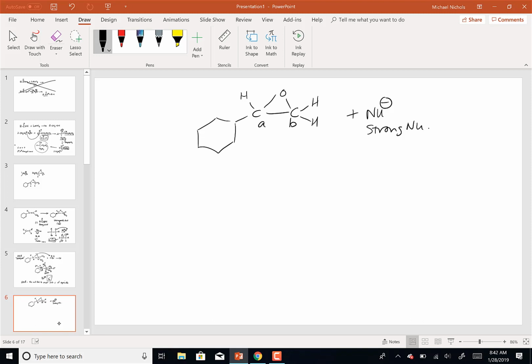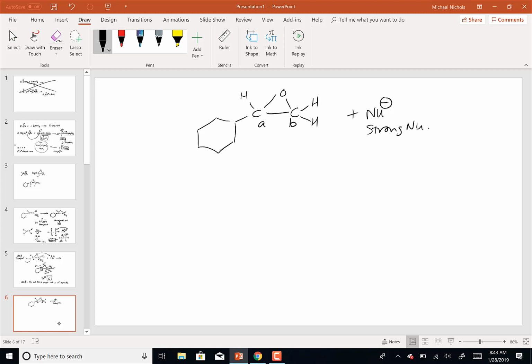So now, which carbon is the nucleophile going to add to? I know it's stressful. Which one's it going to add to, A or B?